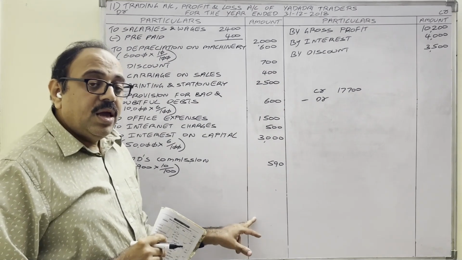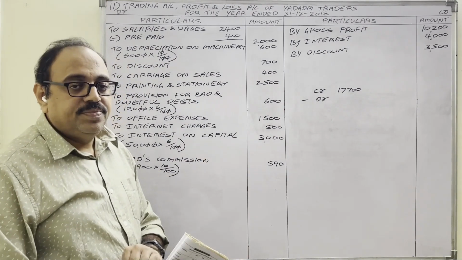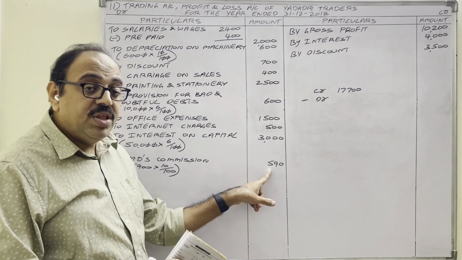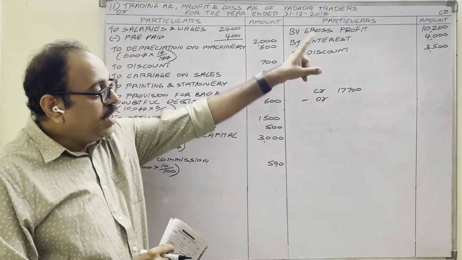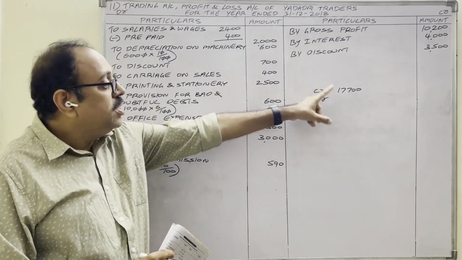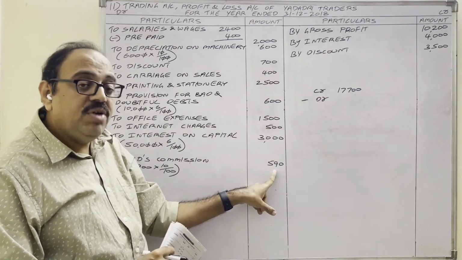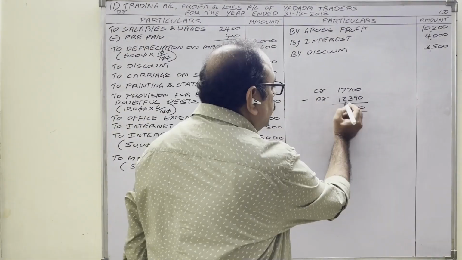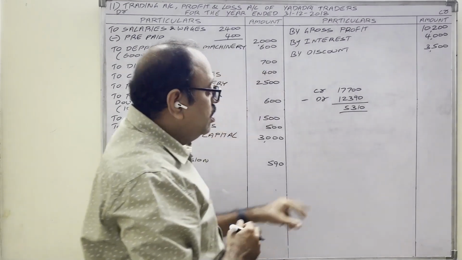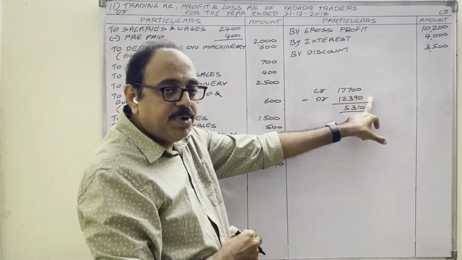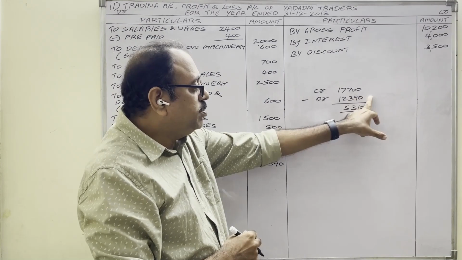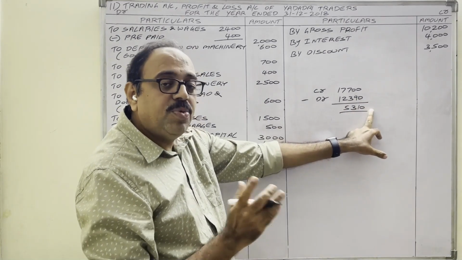Now finally, again calculate net profit by considering this MD's commission also. Credit total we have already calculated. Now debit total including 590 is 12,390. Credit side income, debit side expenditure. Income is more than the expenditure. Therefore the final amount is profit.